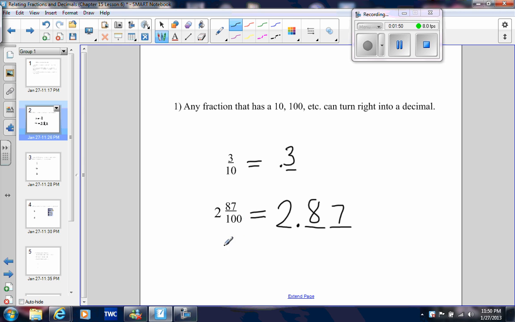Just as an aside, if it was going to be 2 and 87 thousandths, then you would have a 2 and you need 3 places to be thousandths, but you're going to have only 87, so you would have that 0 there, and then 87. So this is 2 and 87 thousandths. That's how the difference between those two shows up.